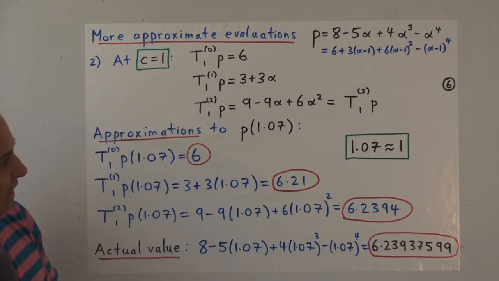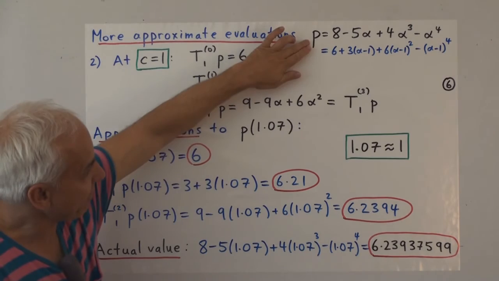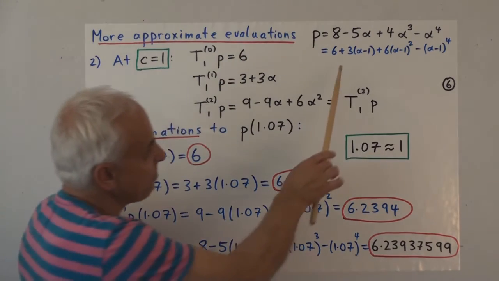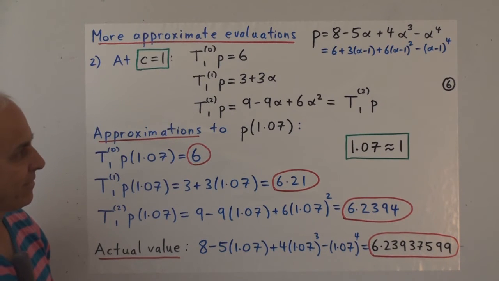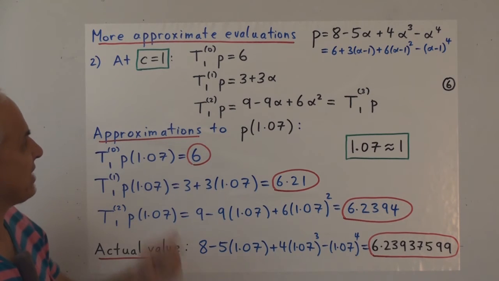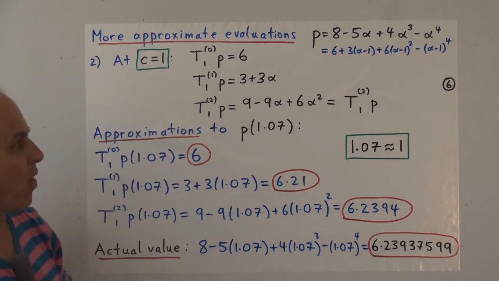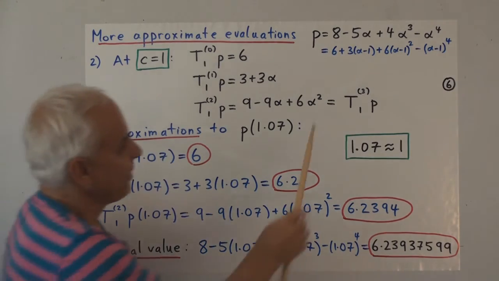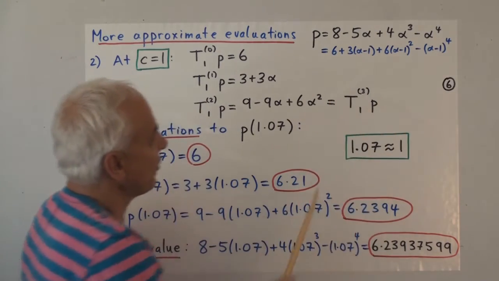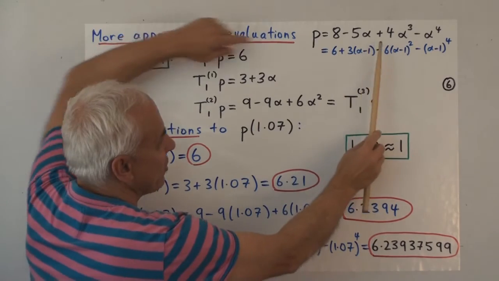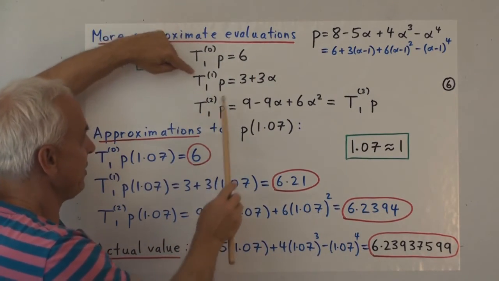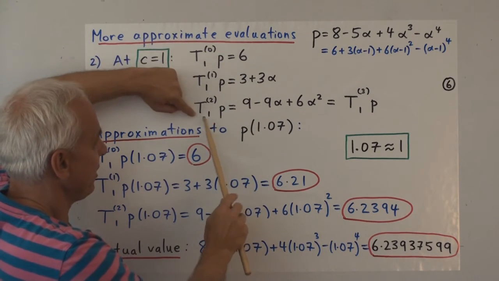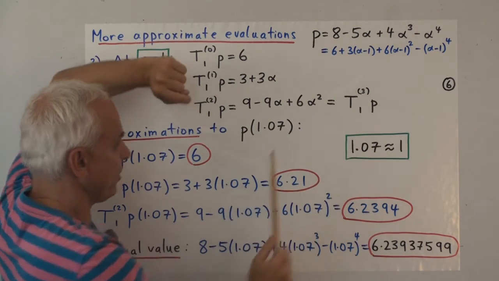And so what we're going to be looking at is rewriting the polynumber in such a way that it's now in powers of alpha minus 1. We've already done that. Okay? That was what we did when we calculated the various tangents to p at 1. So we took this thing here and we took various truncations of it to get the 0th tangent at 1, the first tangent at 1, the second tangent at 1, which is also the third tangent.